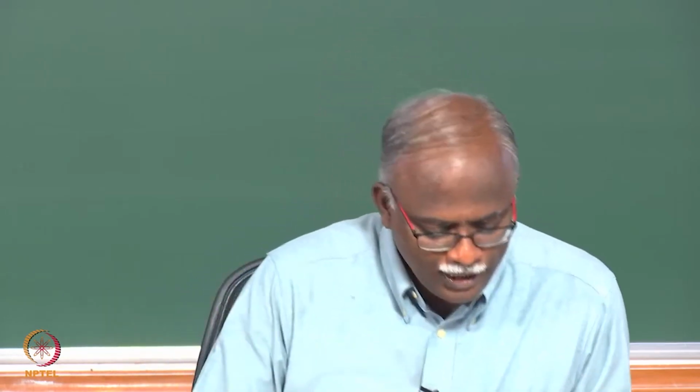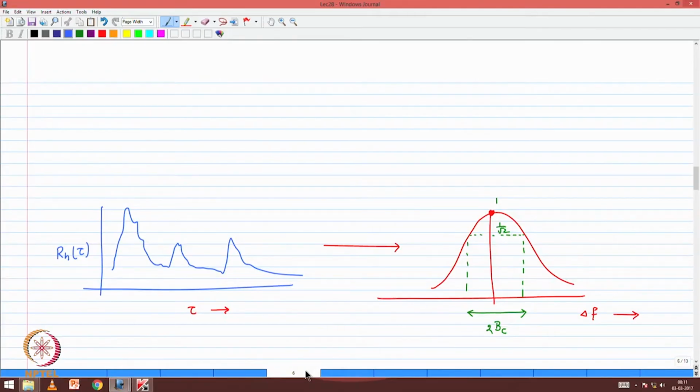So now let's do a pictorial representation. What we saw in the last class was the power delay profile. The Fourier transform of the power delay profile gets us to the spaced time, spaced frequency correlation function.